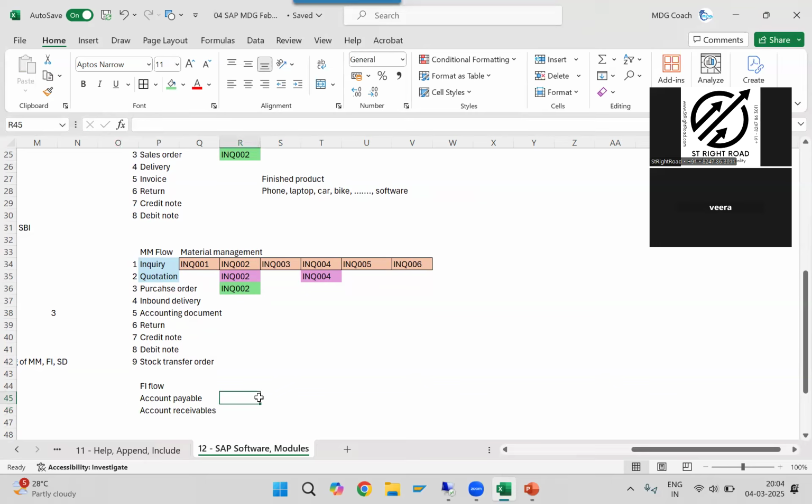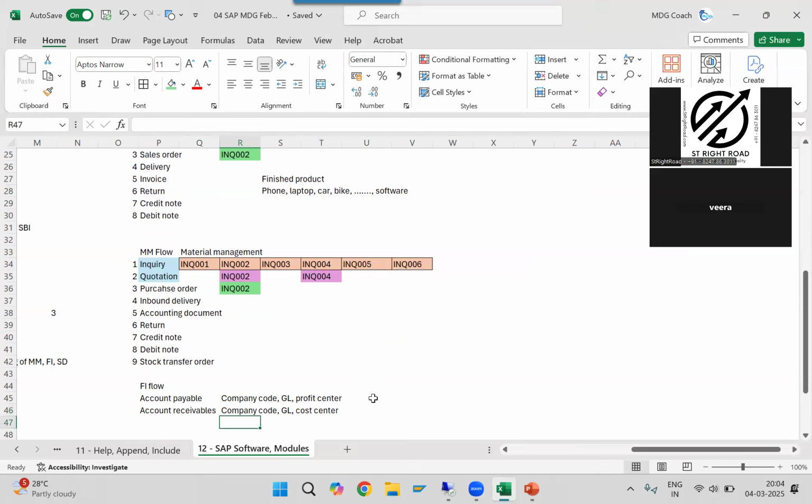To operate with this company code, GL account, profit center, all this will come into the picture. So profit center for sales, cost center for purchases. That is the only difference. If it is purchase, cost center. Cost means from which account you are going to pay.